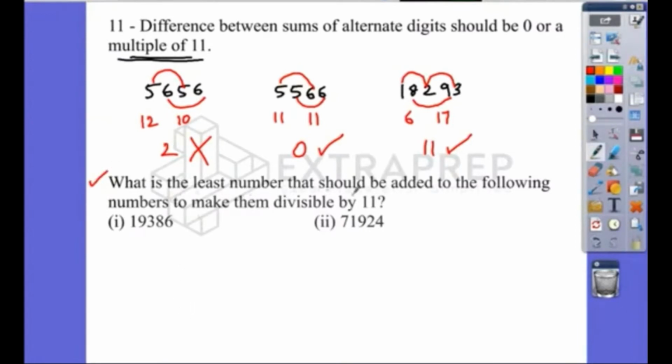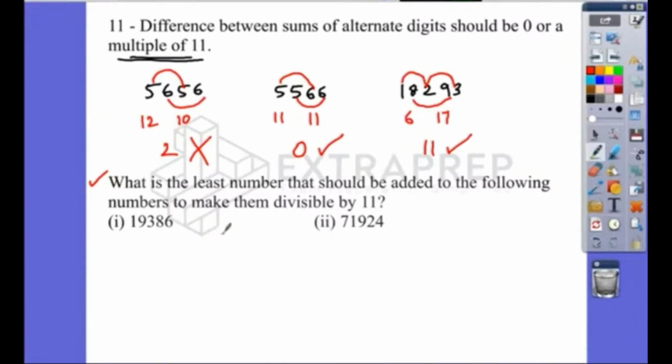What is the least number that should be added to the following numbers to make them divisible by 11? So it indicates that these two numbers are not divisible by 11. You have to see how much should be added so that they become divisible by 11. Okay, I'll give you 2 minutes.